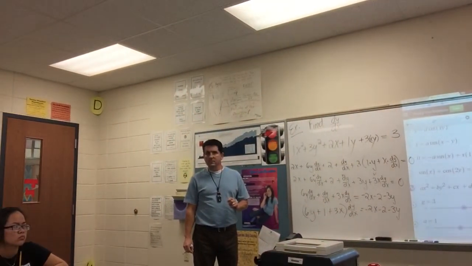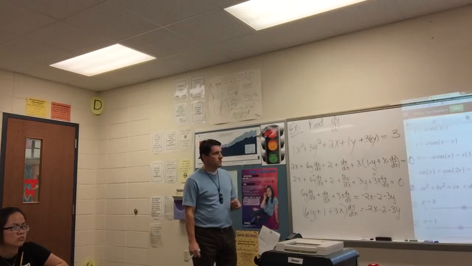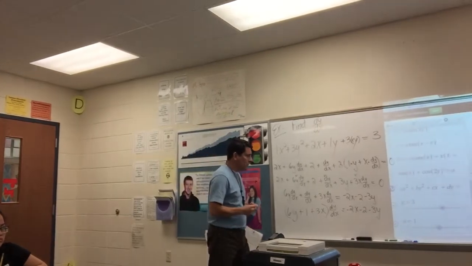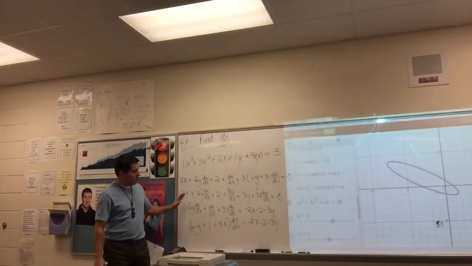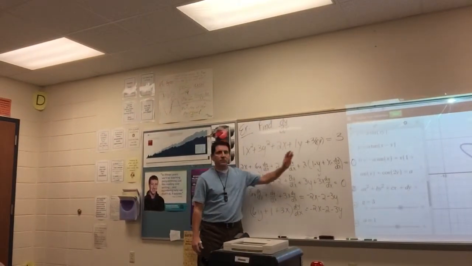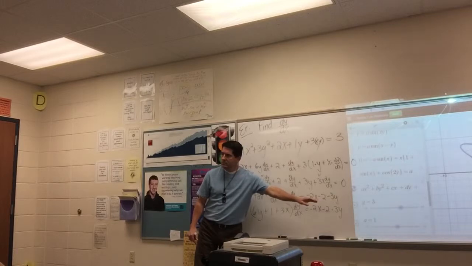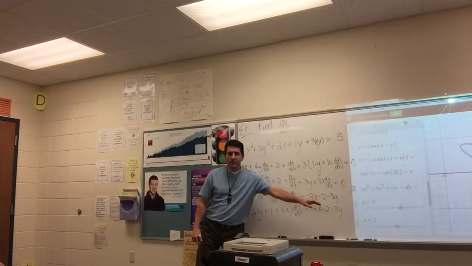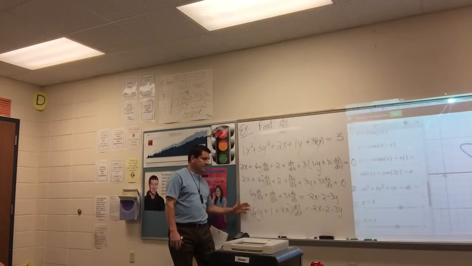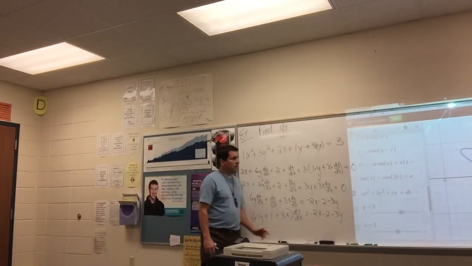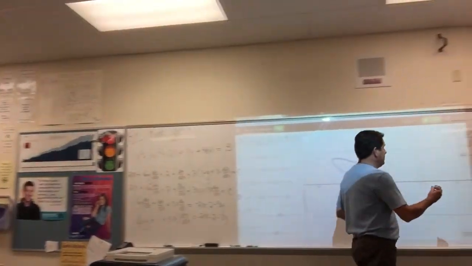Okay? Now I'm going to just show you a little algebra thing here. If you happen to put all your dy/dx's on the right side, you know what I mean? And left all of the terms that did not have the dy/dx's on the left side, you would have ended up with this.